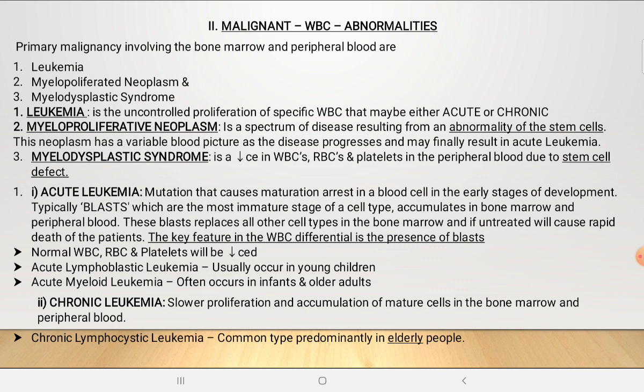Now, initially we talked about leukemia, which is an uncontrolled proliferation of your WBCs alone, and which can be either acute or chronic. Acute leukemia, what do you mean by that? It is the mutation that causes maturation arrest in a blood cell in the early stages of development.